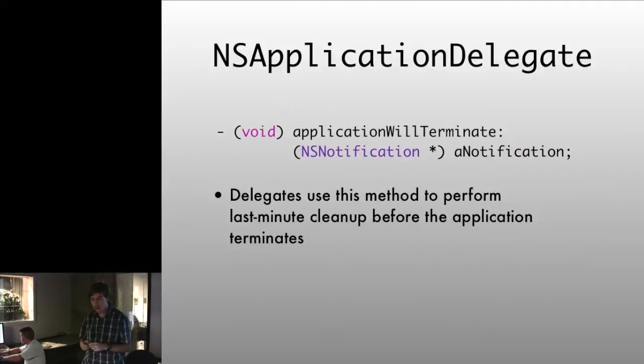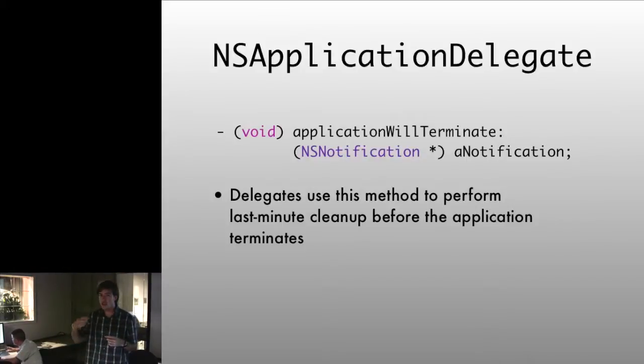So a little bit more about willTerminate. The most common use of willTerminate is to do some last minute cleanup. Generally, you're just going to quit right away, but there are ways for you to suspend quitting, or delay it, or cancel it even. But generally, you'll provide an implementation for willTerminate, and that's where you can do some cleanup.